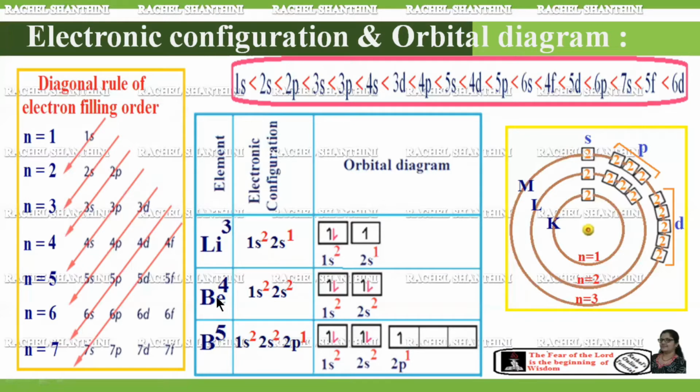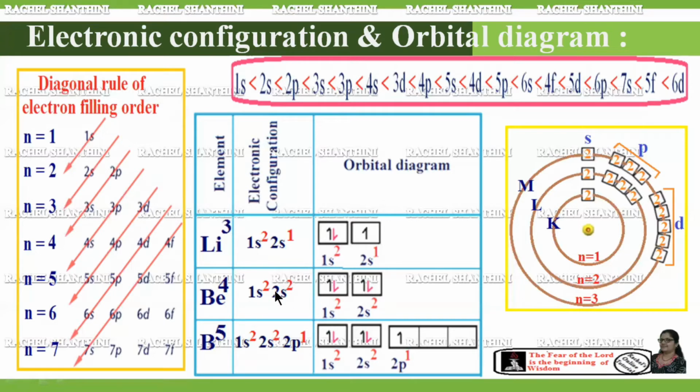Coming to orbital diagram for beryllium, we have to draw one box for 1s and another box for 2s. How many electrons are present in 1s? 2 electrons, right? So out of 4, we have to draw 2 electrons inside this 1s orbital, one in the upward direction and one in the downward direction.